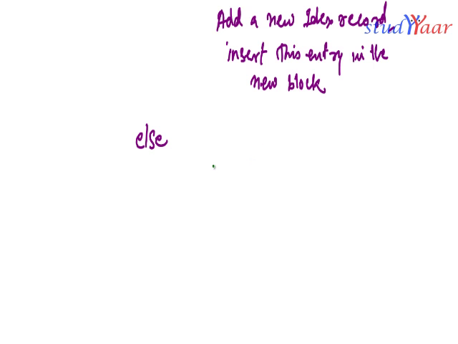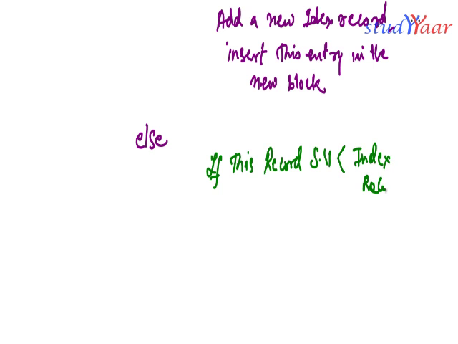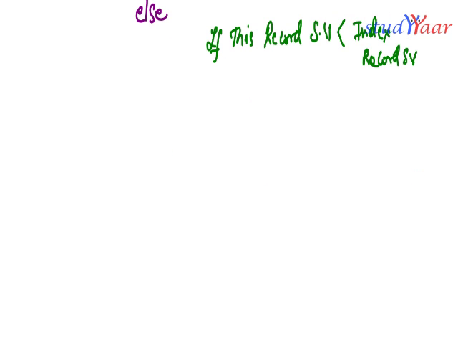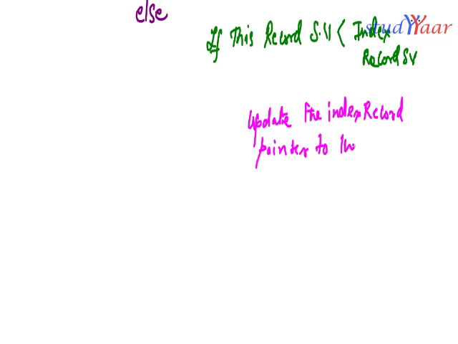So my case would be, if this record's search value is less than the index record's search value, then I would update the index record pointer to the new record.